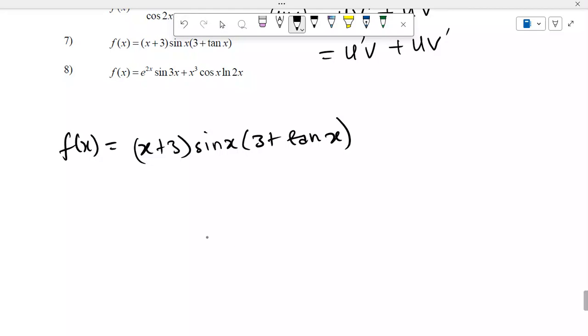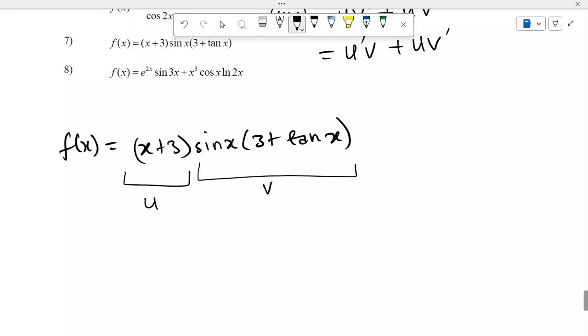Okay, so which one is easier? Which one makes our work easier? I feel if we pick this as our u and this as our v, it will be easier.